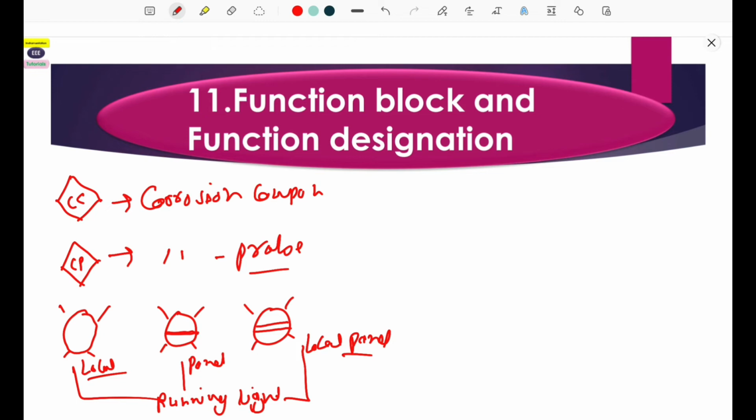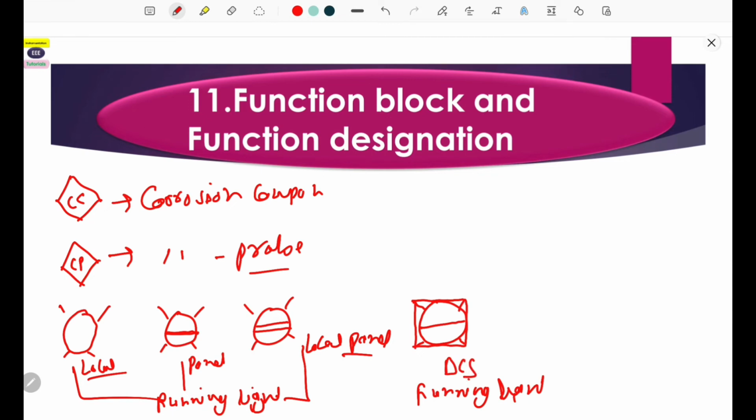Now there is also one symbol generally used. We know this is the panel running light, but if this circle is surrounded by one square and this type of symbol is used, then this is the DCS running light, distributed control system running light.